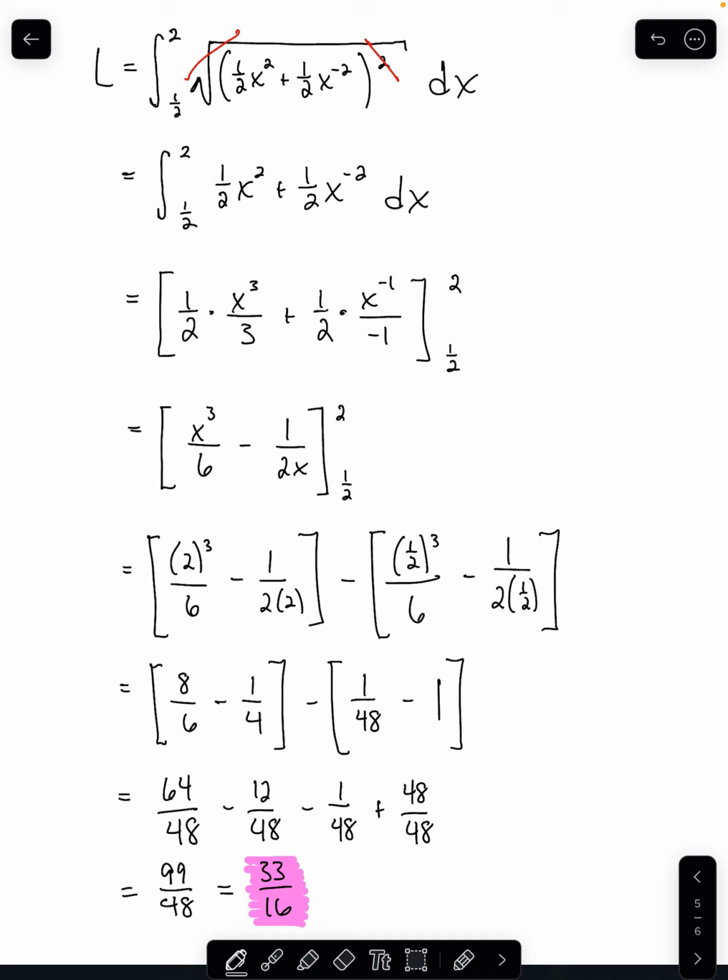The square root function is continuous from 0 to whatever endpoint we choose to use. However, and it is differentiable on the open interval between them. However, we have one tiny problem at x equals 0.